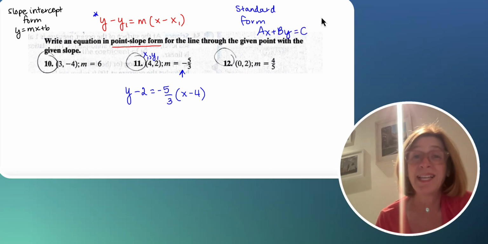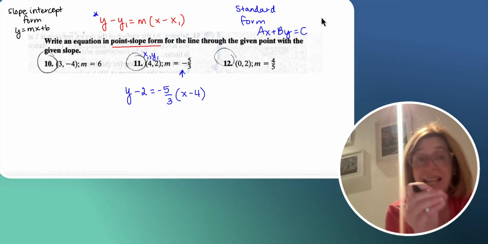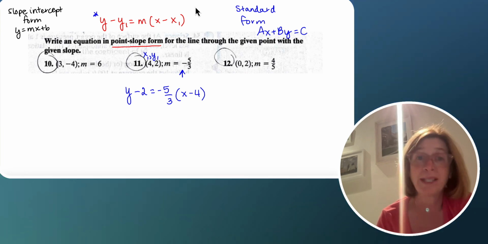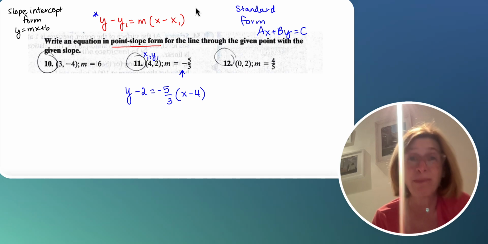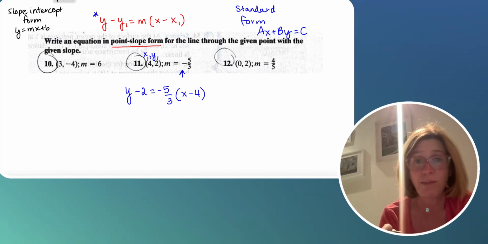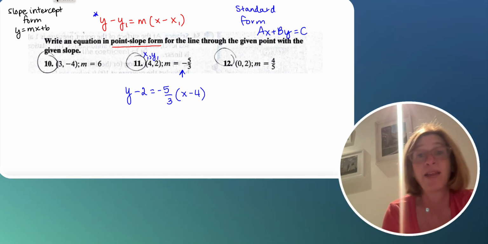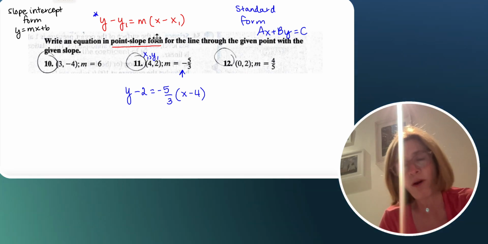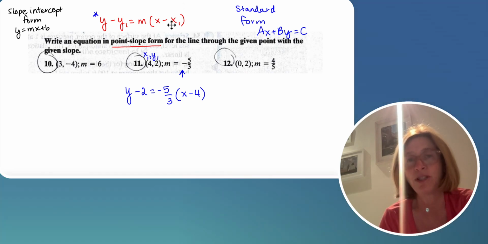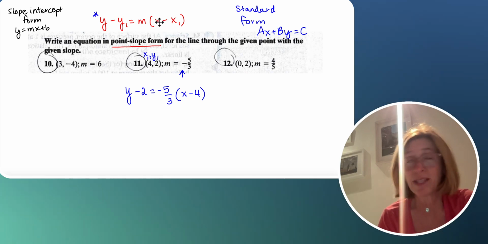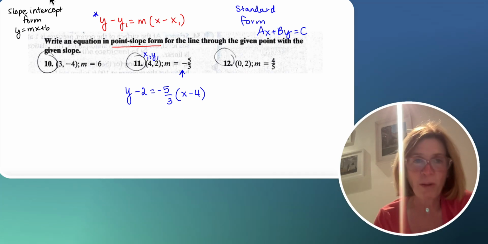It is really important that you know these names and these formulas. This might be a really good place to use one of the techniques of making flashcards and practicing. Slope-intercept form gives me the slope and the y-intercept. Point-slope form gives me the slope and a point. Standard form is different. It doesn't really tell me too much just by looking at it. You can do some things with it. But anyways, hopefully that was helpful.